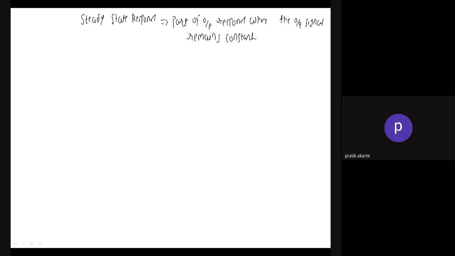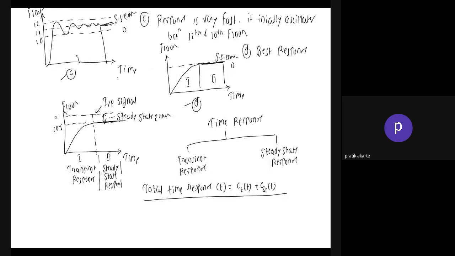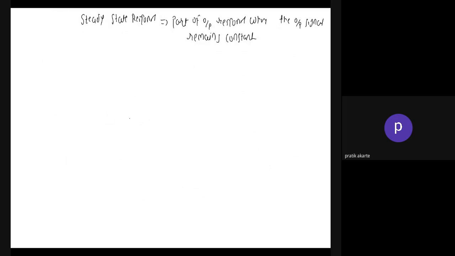Now the parameter that is important in this study of the steady state response is the steady state error. We have discussed the steady state response; this portion is called the steady state response. But the parameter associated with it is the steady state error, which is very important.